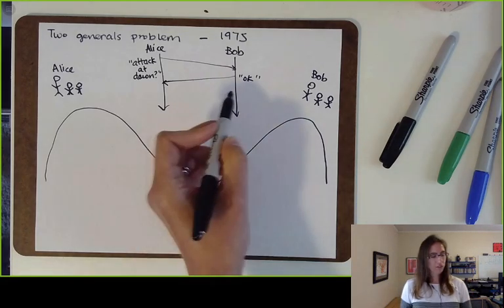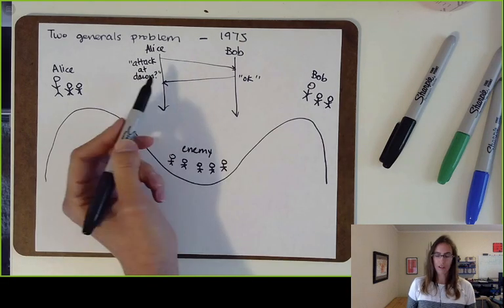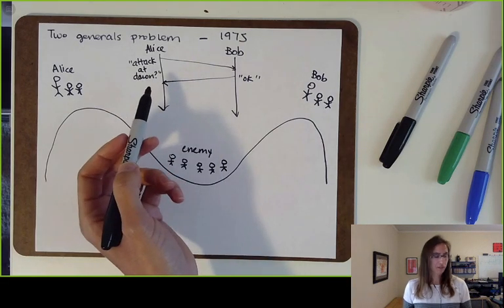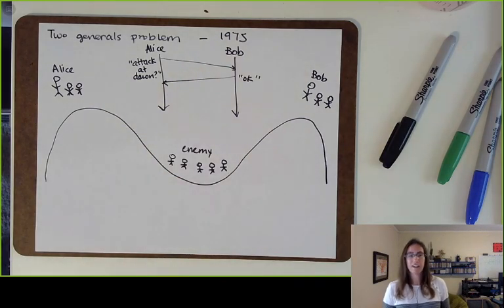Suppose that message gets through and it's received and delivered on Alice's side. Now Alice knows that Bob got her message. Is it safe now for Alice to go ahead and attack at dawn?